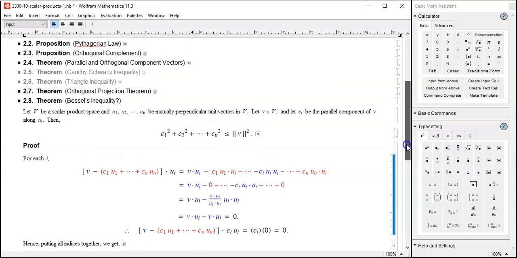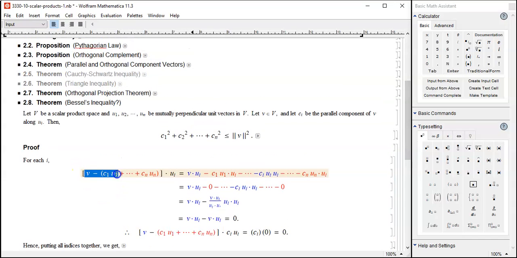For each i, we begin with this: v minus c1u1 plus c2u2, c3u3 all the way up to cnun. This will turn out to be the orthogonal component vector. Take the dot product of this with ui and do some brute force computation.